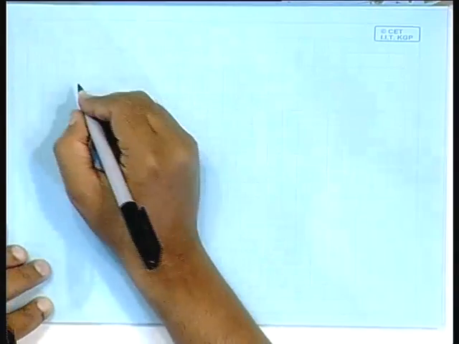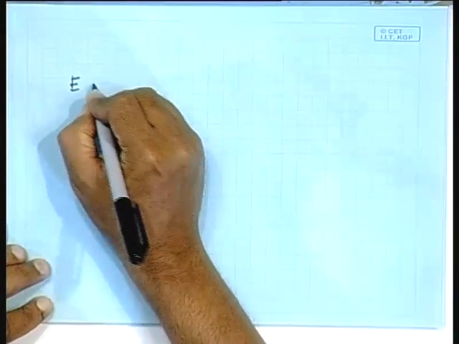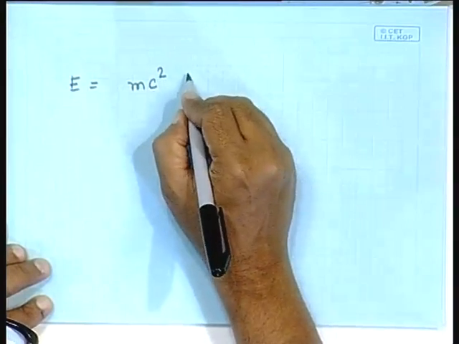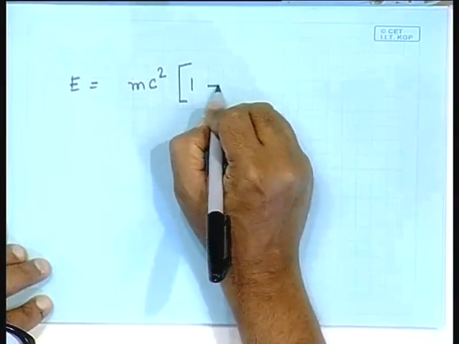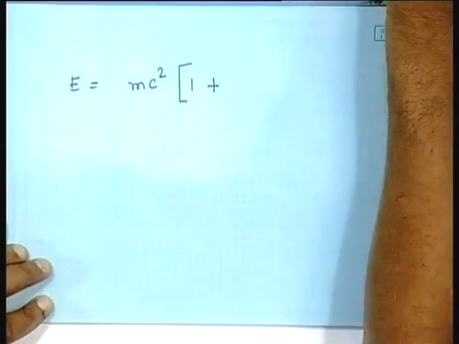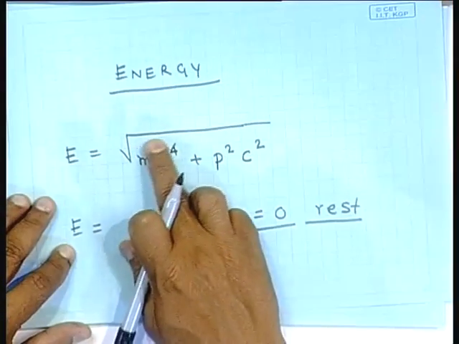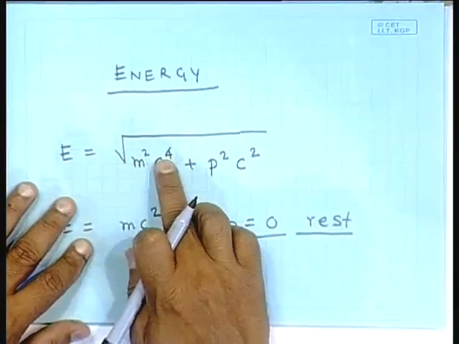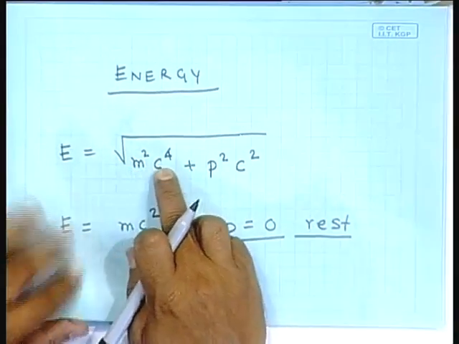We should be able to recover that when the particle is moving slowly. So, the same expression can be written in this way. What we are going to do is take this term common outside. So, I have to take the square root of this term. The square root of this term is mc squared.